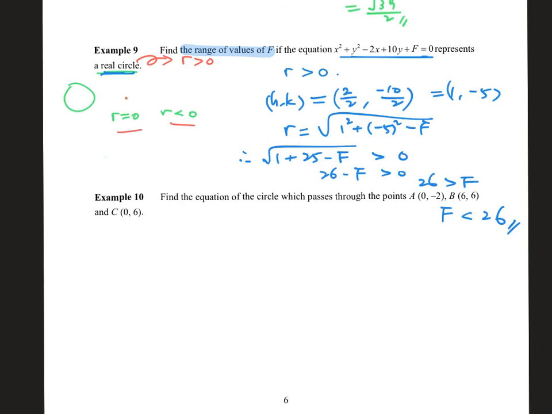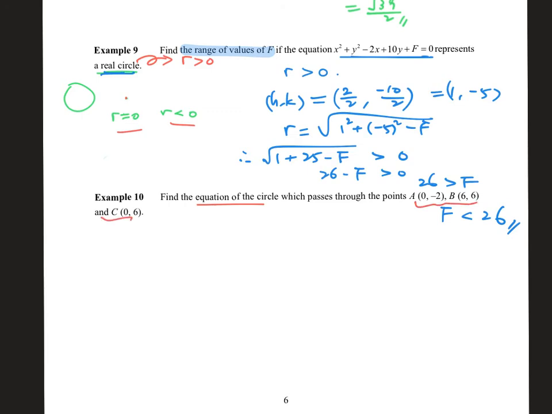Okay, so now we have come across two examples using formulas to find the center and radius. And finally, there will be a question where you are asked to find the equation of a circle without being given the center and radius, but I just told you there are 3 points.